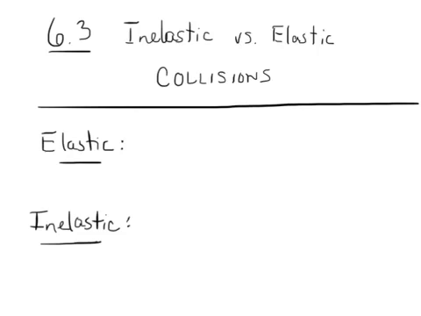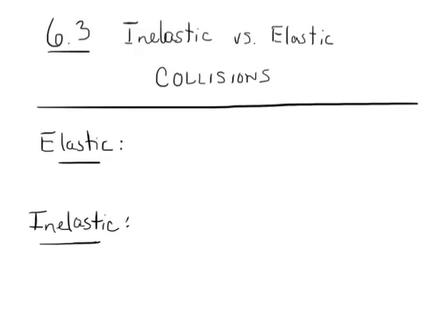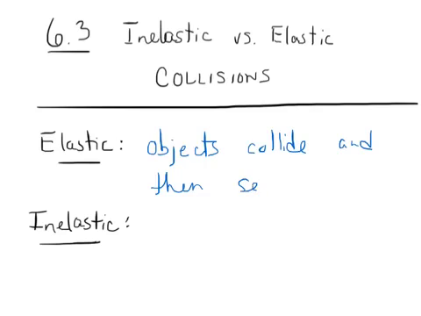Here's how you remember elastic. When two objects collide and then separate, think about a spring. If you were to push down on a spring and then let it go, the object would shoot off. It would become separate from the spring. So elastic is an example where objects collide and then separate.